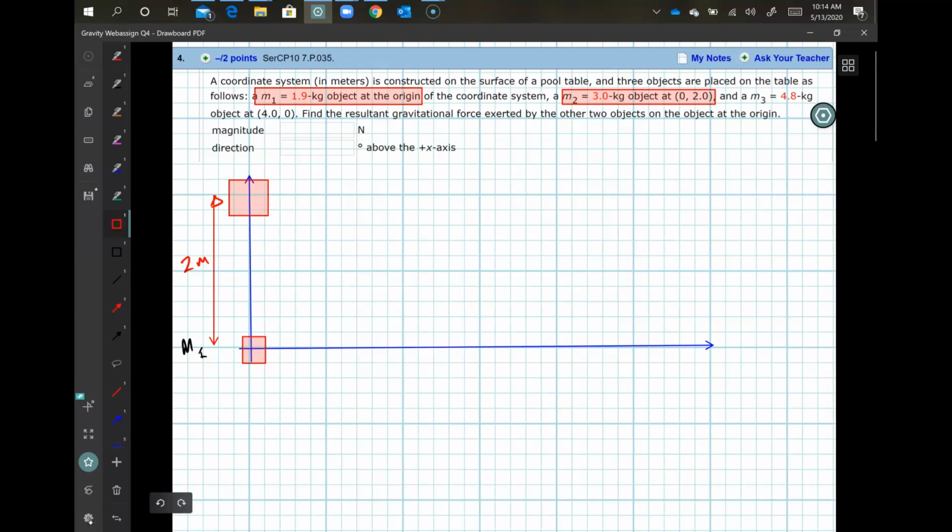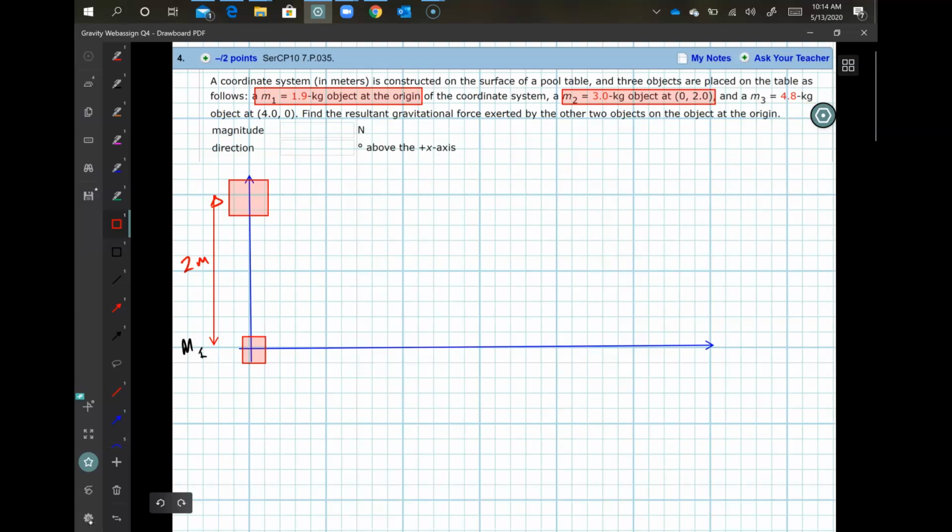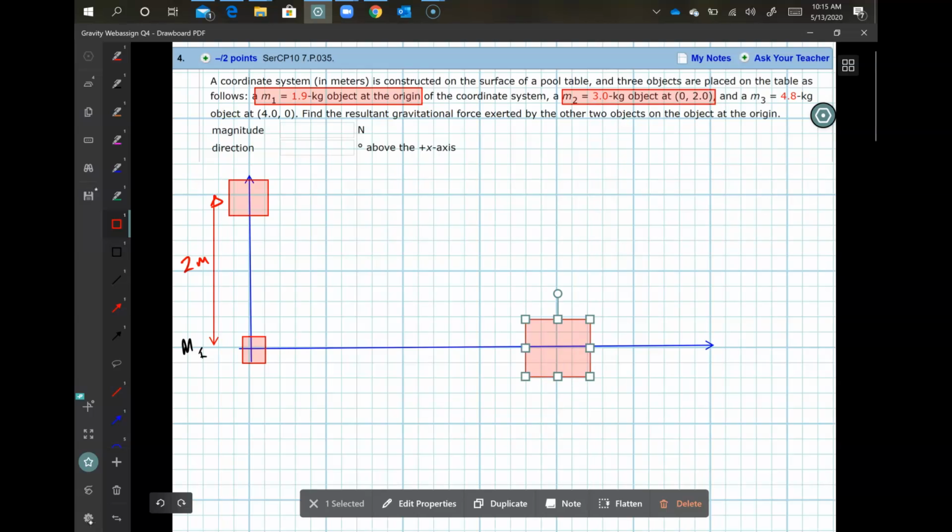And then finally, the third object, this 4.8 kilogram mass, is at the coordinate 4, 0. So, where would that be? Well, 1, 2, 3, 4. It's going to be right here. And it is the biggest object yet.